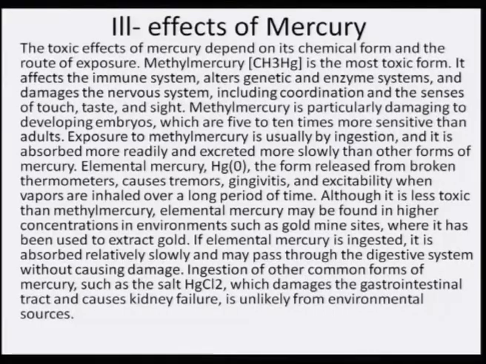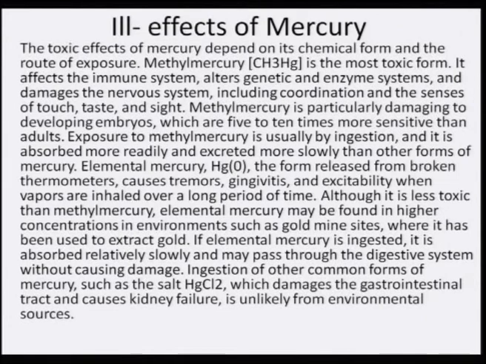Exposure to methyl mercury is usually by ingestion, and it is absorbed more readily and excreted more slowly than other forms of mercury. Elemental mercury, that is Hg in the zero oxidation state, the fumes released from broken thermometers, causes tremors, gingivitis and excitability when vapors are inhaled over a long period of time.